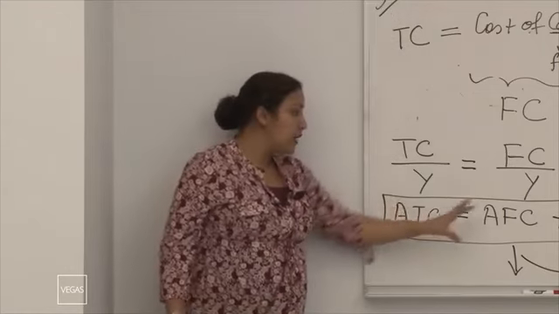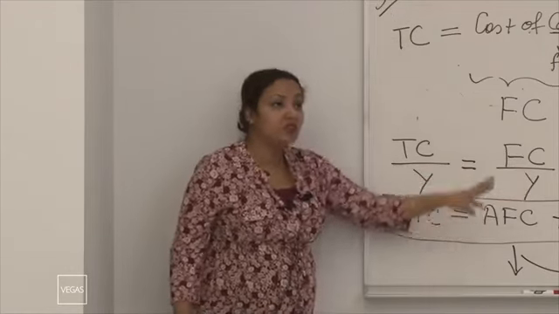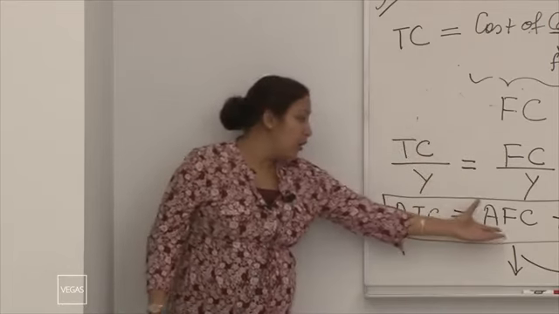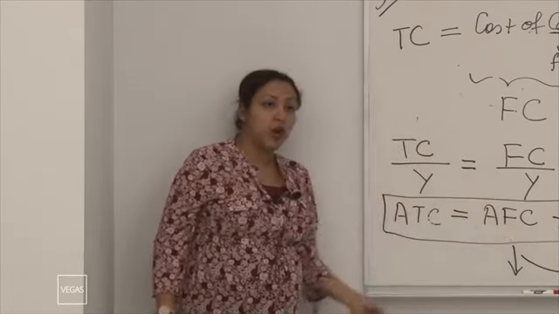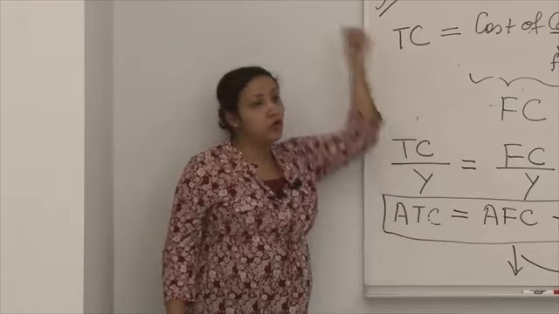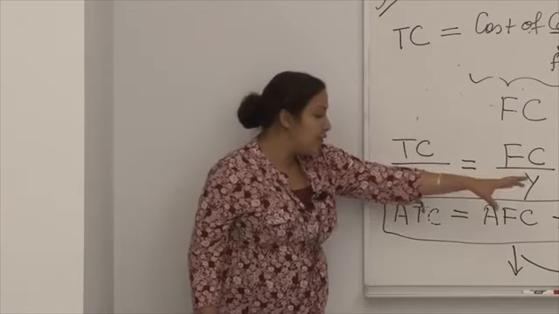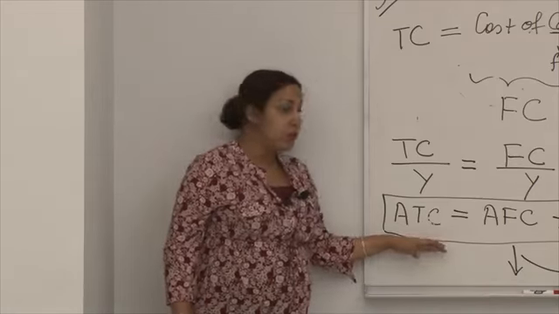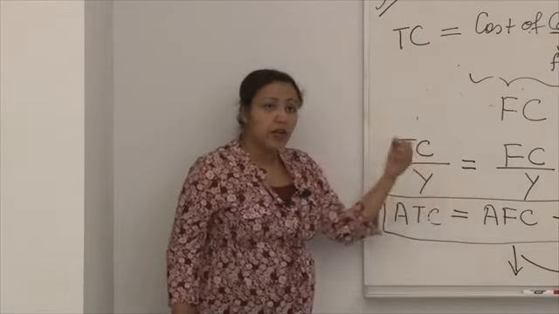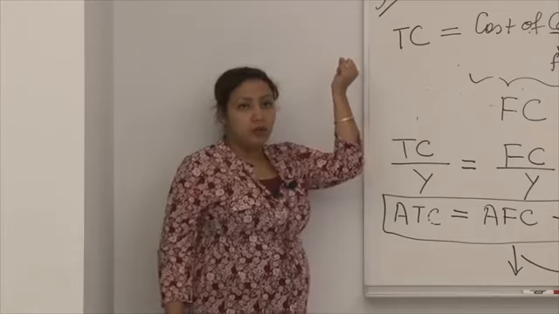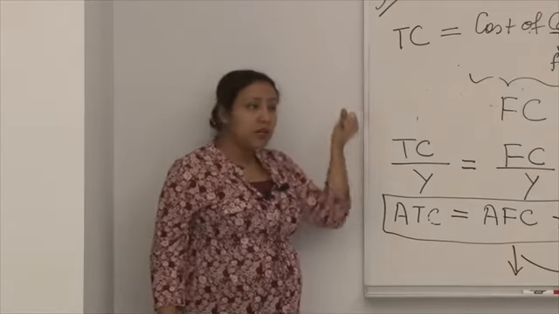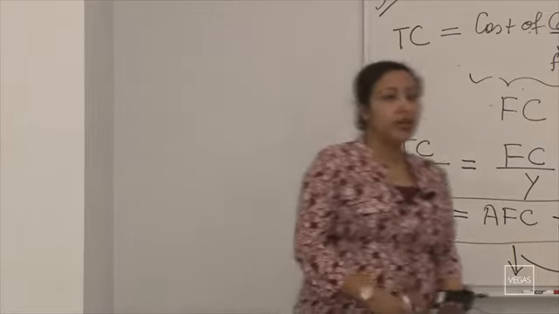So the spreading out effect creates a downward pull on ATC, whereas the diminishing returns effect creates an upward push on the ATC, right? So there is a tug of war going on there.